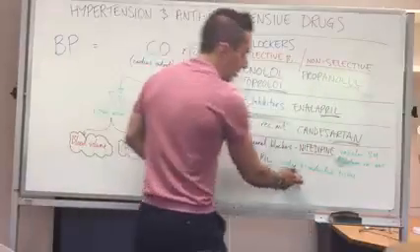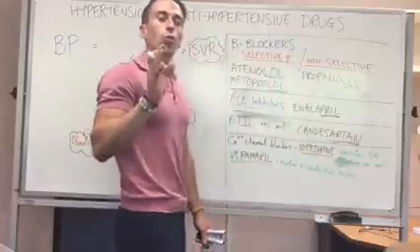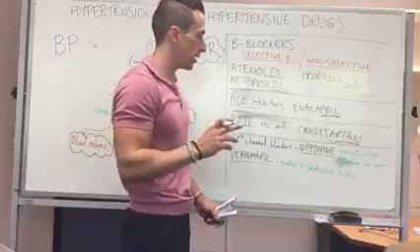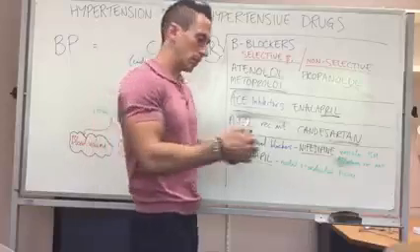So verapamil blocks the calcium channels at the nodes and the conductive tissue, reducing arrhythmias. So this is a common anti-arrhythmia medication as well. Okay, what's the last one I want to talk about? Diltiazem.